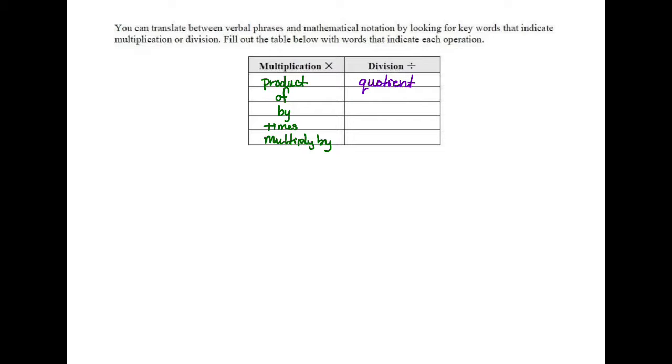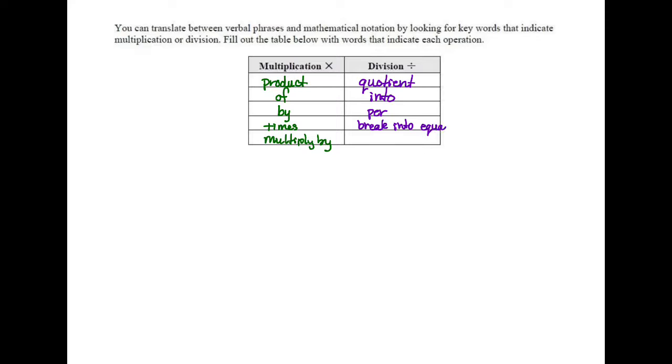How about something goes into another number? That would mean divide. The word per, miles per hour, actually means divide. Another one you could say, this one's kind of strange, is what if you break it into equal parts?